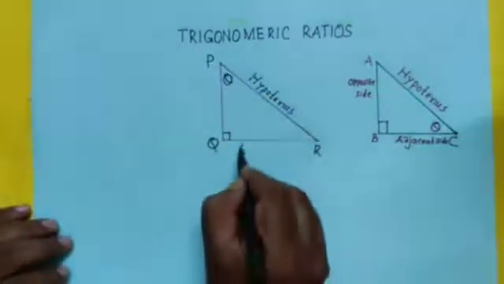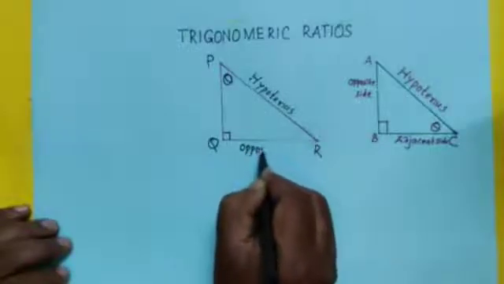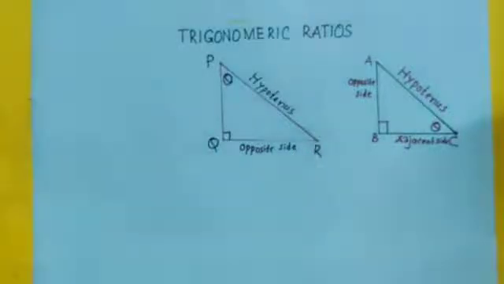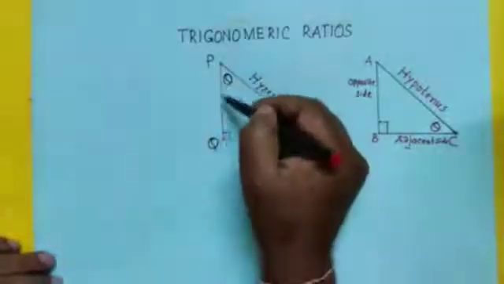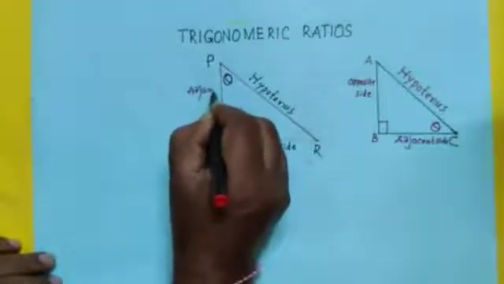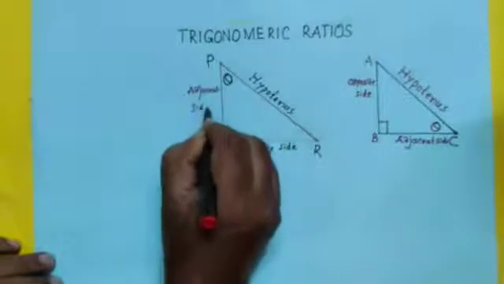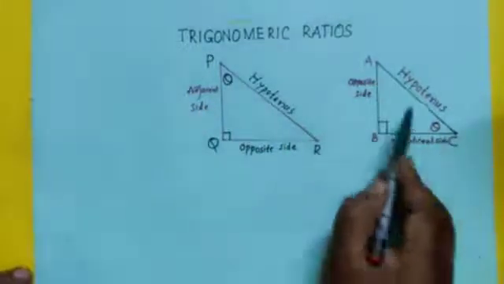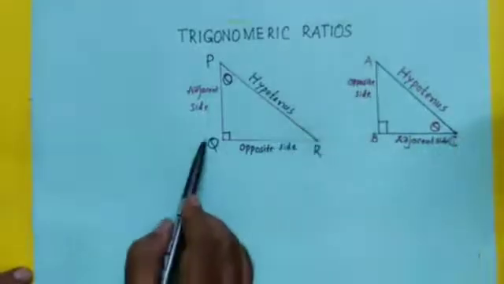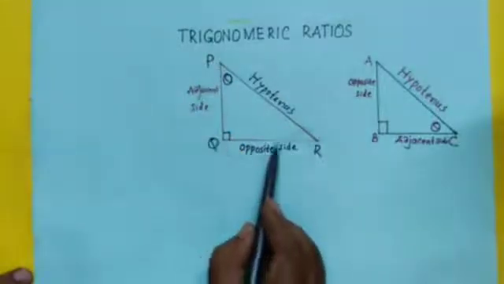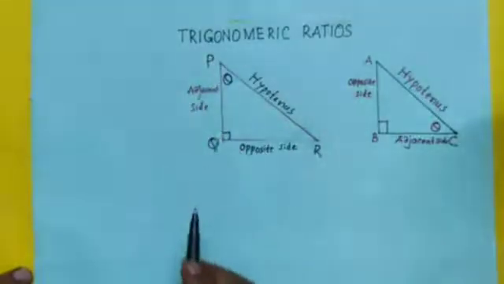So this is the opposite side, and the side adjacent to theta is called the adjacent side. In the first triangle, the opposite side is AB, the adjacent side is BC, and AC is the hypotenuse. But in this triangle, the hypotenuse is PR, the opposite side is QR, and the adjacent side is PQ. Is it clear for all?